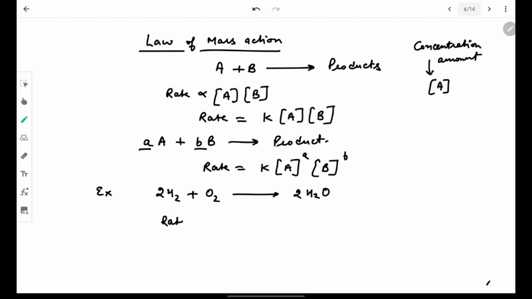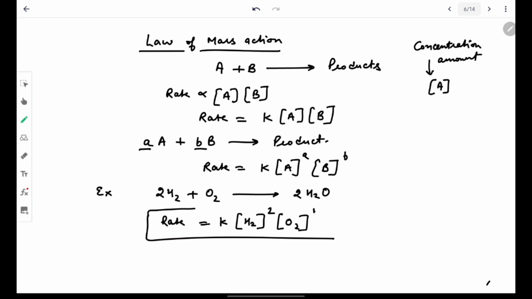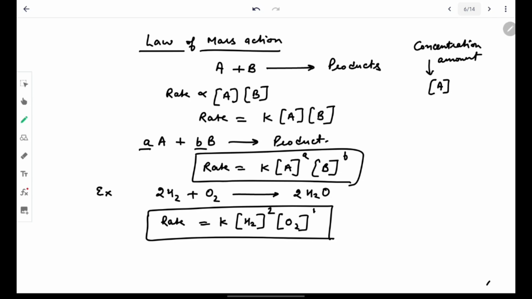According to the law of mass action, rate will be equal to K, [H2] squared and [O2] to the power 1. So, this is the law of mass action for any chemical reaction. Once again, the rate of a chemical reaction is directly proportional to the concentration of reactants, and if there is any coefficient in the balanced chemical equation, that coefficient ends up as the power of the concentration term.